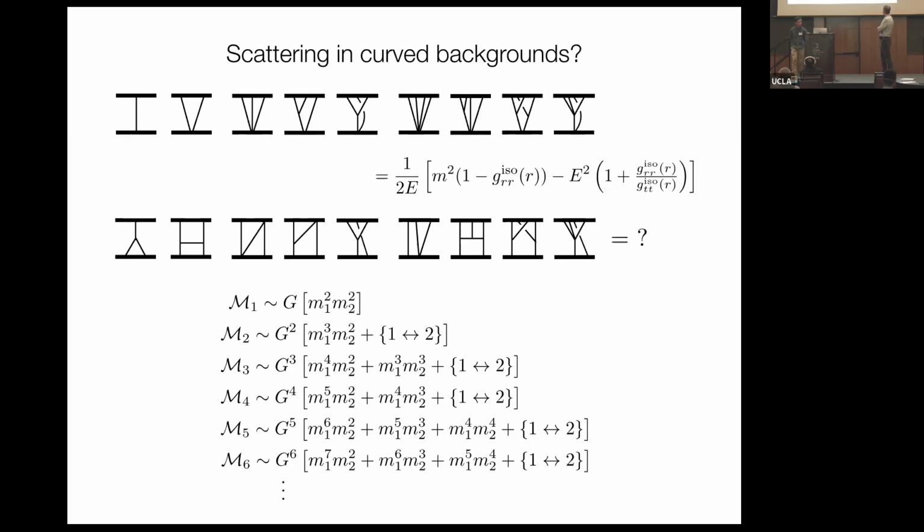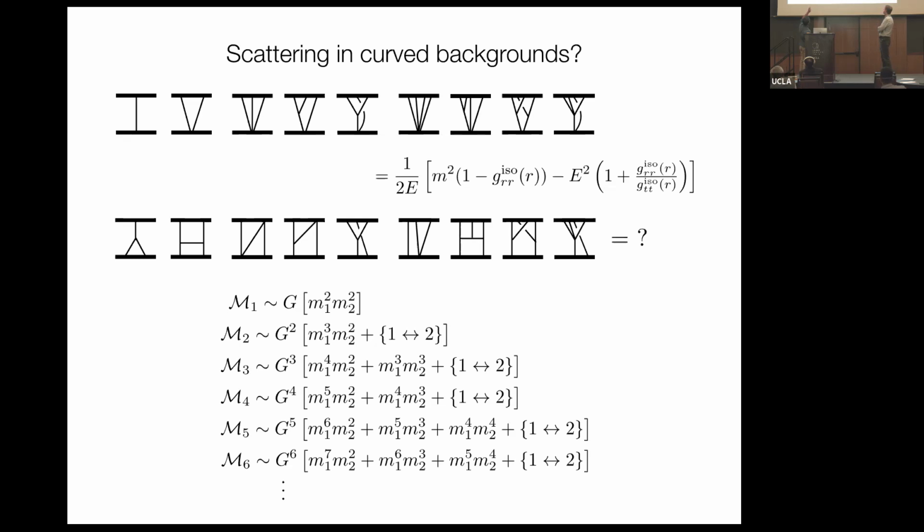In this framework, I can tell you that essentially what happens is that you're calculating basically a self-force of a particle in the background. Because like I said, what you consider are the sum of these graphs where the bottom guy has one propagator and the top guy has as many as you can have.